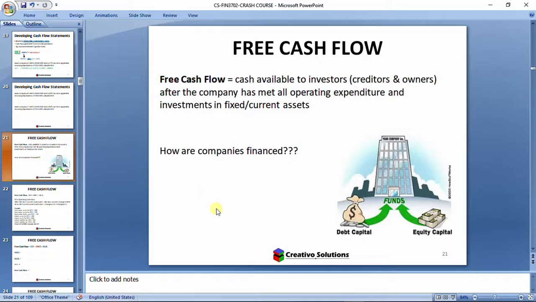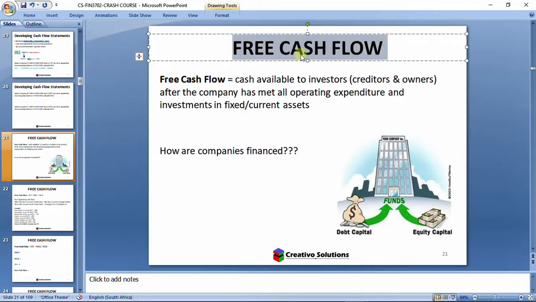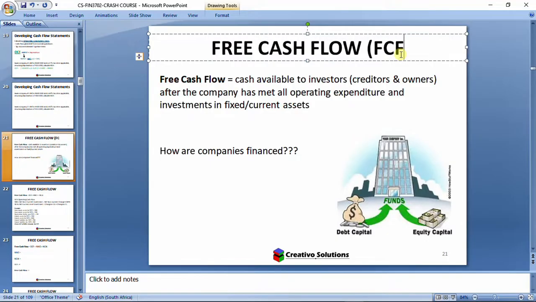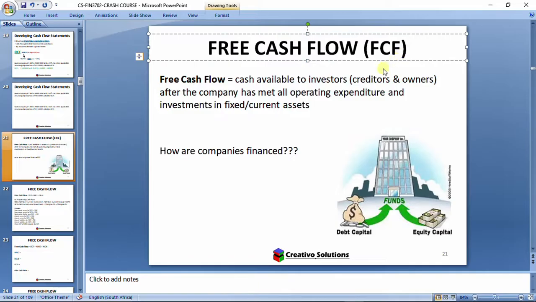All right, the last bit of this section is looking at this concept called free cash flow. This is very important. If you do other modules, I think you're doing the I&V module as well. You wanted some videos on that. You'll see there's a whole section on free cash flow in that module, because in equity asset valuation, when you're pricing equity, you need to look at the different methods or models.